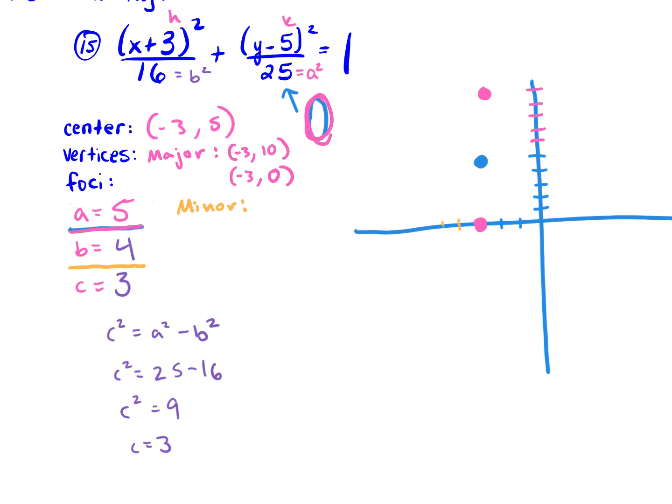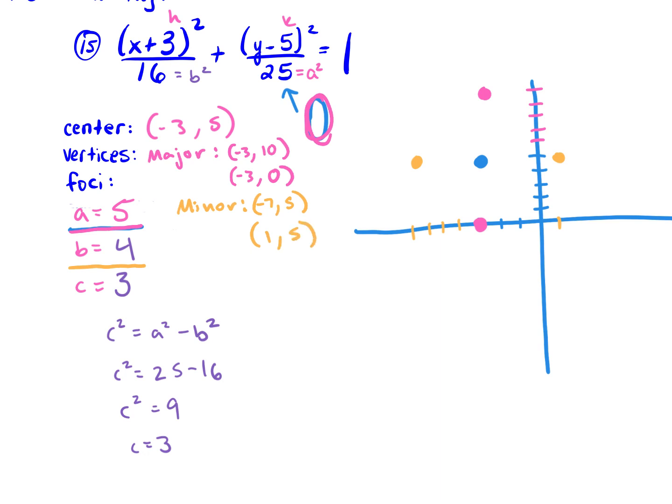So I'm going to go 4 to the left from the center and 4 to the right from the center. So my 2 minor vertices are going to be, 3, 4, 5, 6, 7. So negative 7, 5, and 1, 5.